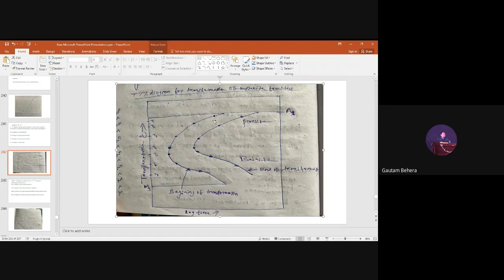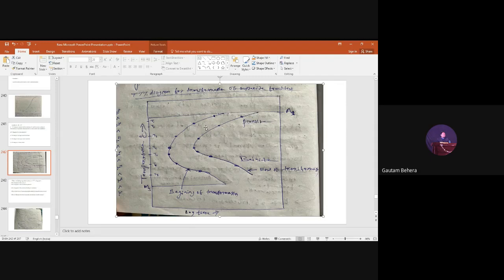That means in this region, in between these two lines, we have a mixture of phases. We have austenite plus pearlite, right? So before the first line, which is the beginning of the transformation line, this is the austenite phase, and after the line marking the end of the transformation, we have pearlite, right?